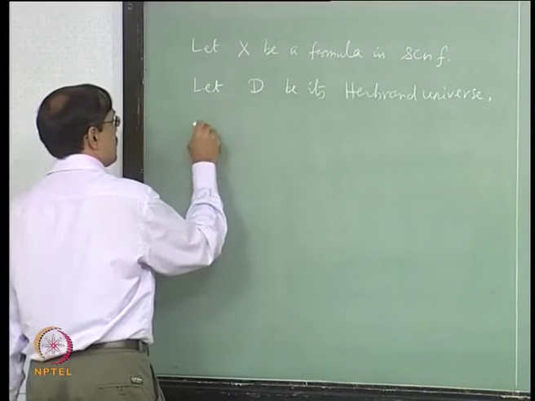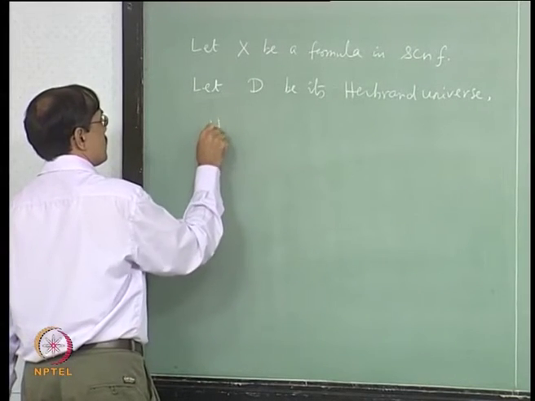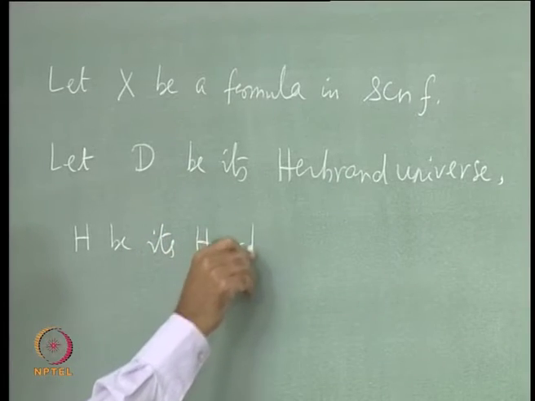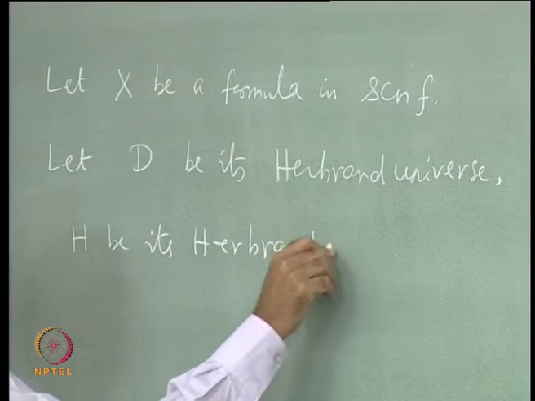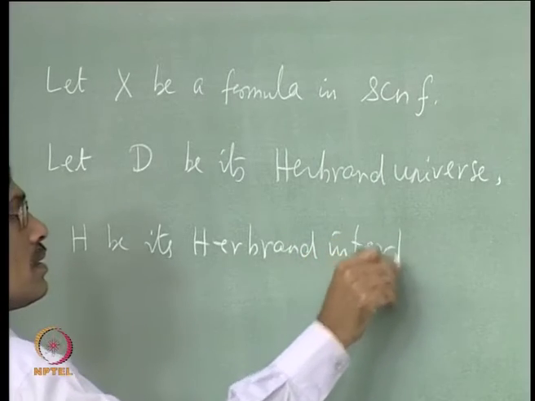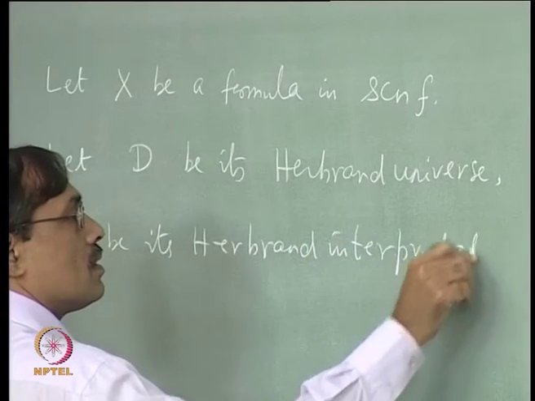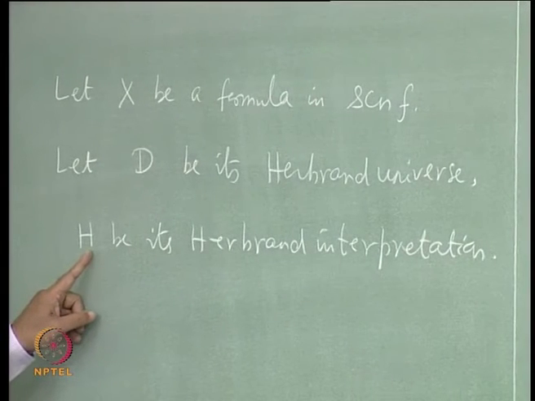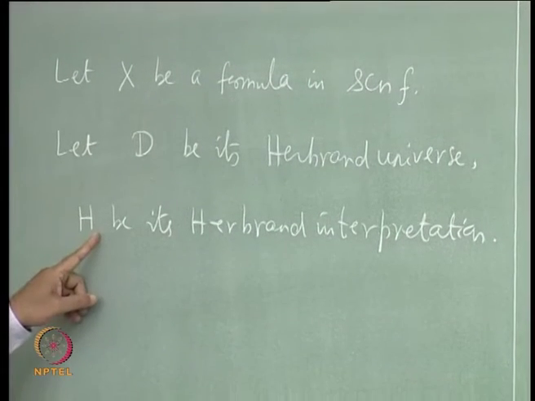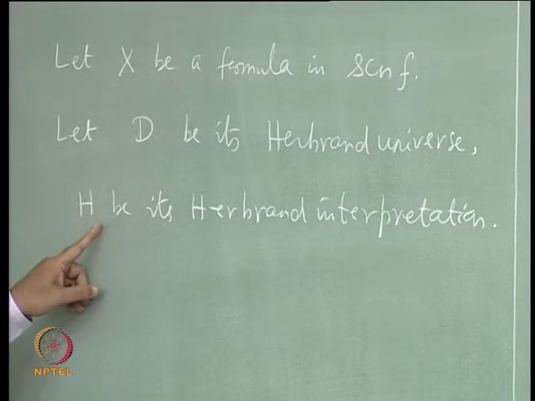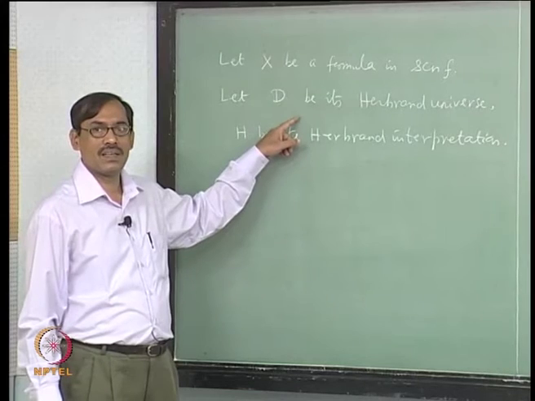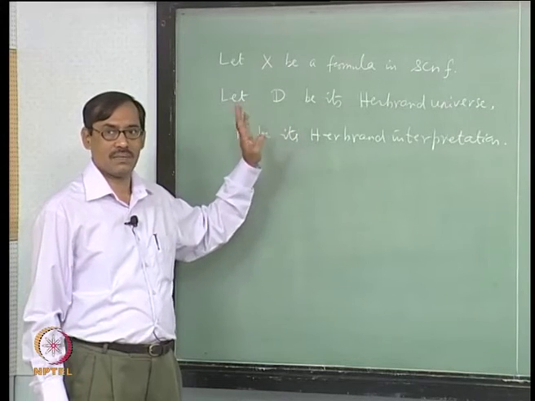Then we have automatically the Herbrand interpretation. So, what we had seen is that if you take its Herbrand interpretation, the map along with this, which we are calling as the Herbrand map, should specify the predicates how they are interpreted, should specify the functions how they are interpreted.